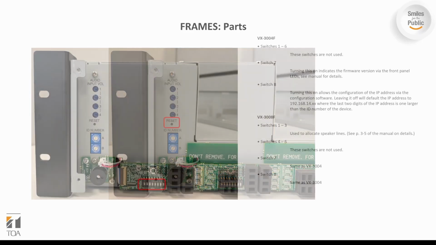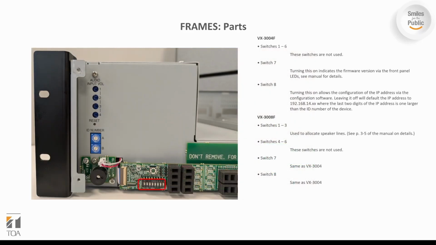On the bottom left-hand side, there is a set of 8 dip switches that are used differently for each type of frame. For the VX3004, switches 1 to 6 are not used. Switch 7 is used to indicate the firmware version via the front panel. See the manual for details.